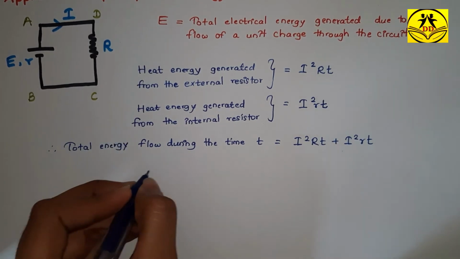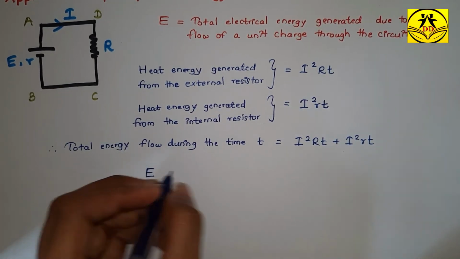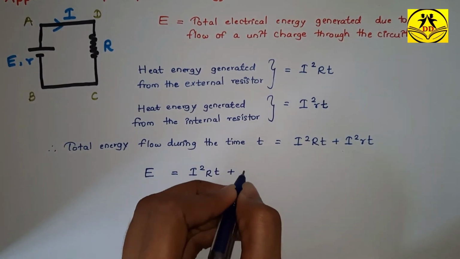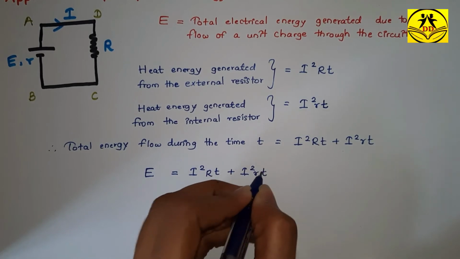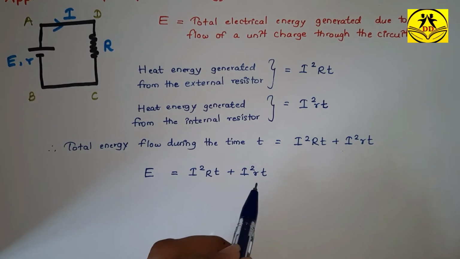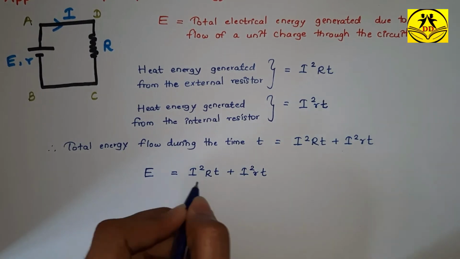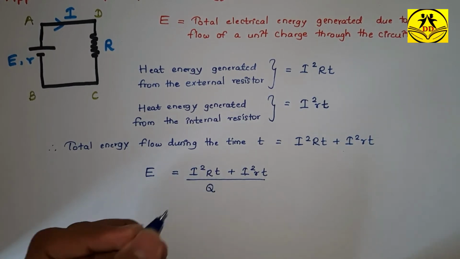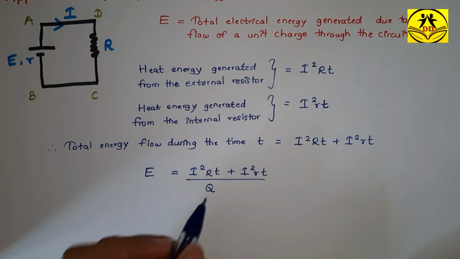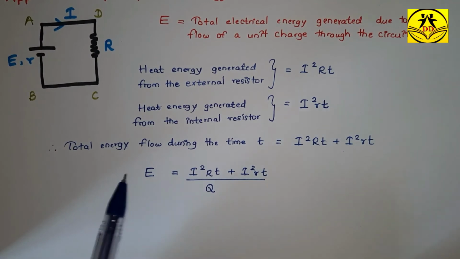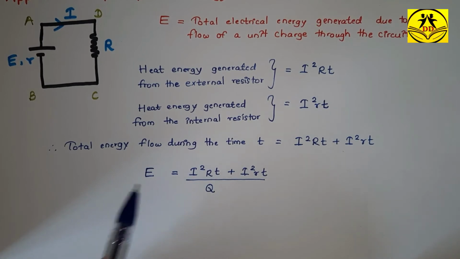So E equals I squared RT plus I squared rT, the heat energy generated from the external resistor plus the heat energy generated from the internal resistor, divided by the charge which has flown. That will be the energy generated for a unit charge, which is equal to the total electrical energy supplied by this cell, the EMF of the cell.